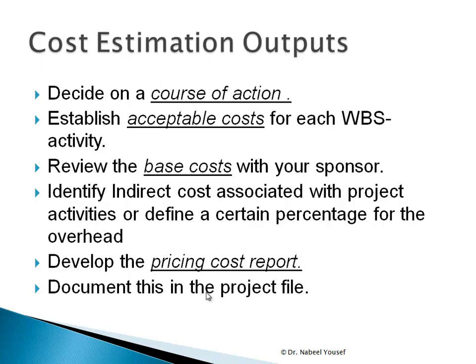You know, some companies would like to add just 20% for their overhead and administrative cost, and some companies would like to separate it and add a certain number for the whole project. Then we develop a pricing for the project, a cost report, and document this in the project file, which can be provided for the management.